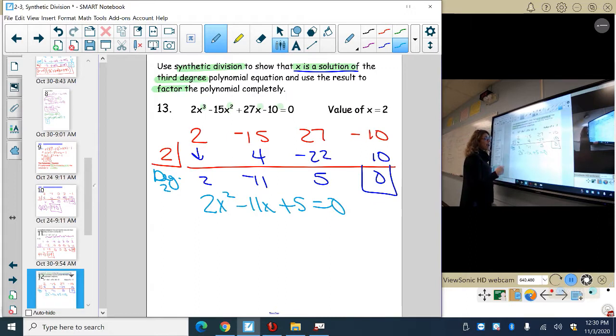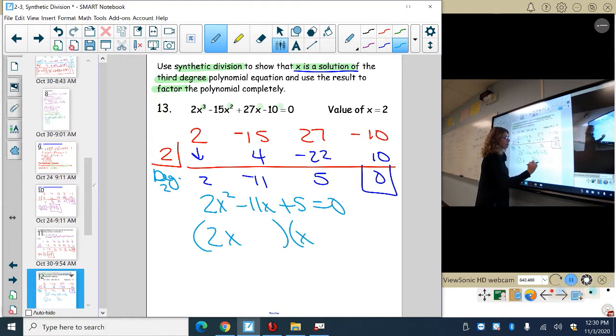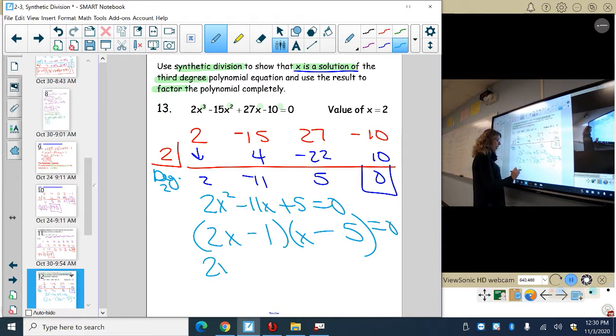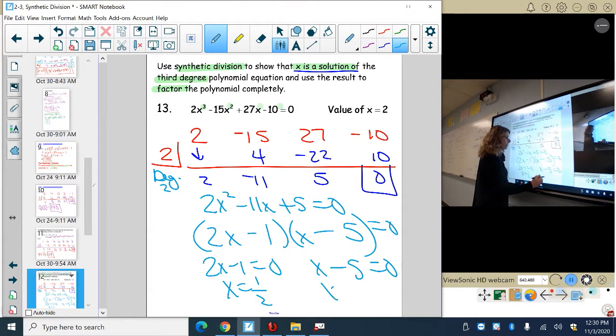So how do I factor that into 2 binomials? Well, I have to do 2x and x. I have to do 5 and 1, but I need to get to an 11, so the 5 has to go over here being multiplied by the 2, and I need them both to be negative. So that means 2x minus 1 is equal to 0, and x minus 5 is equal to 0. So x is equal to 1/2, and x is equal to 5.